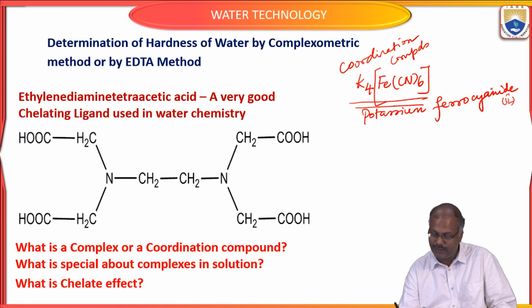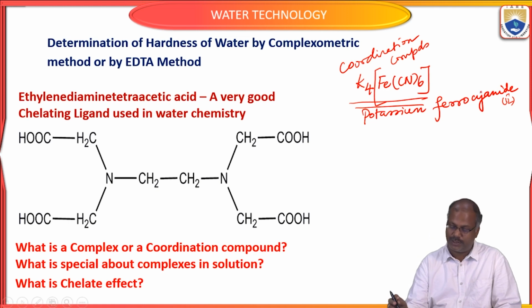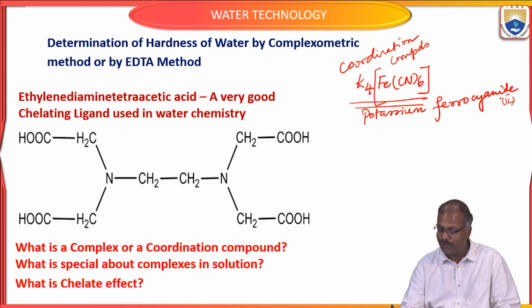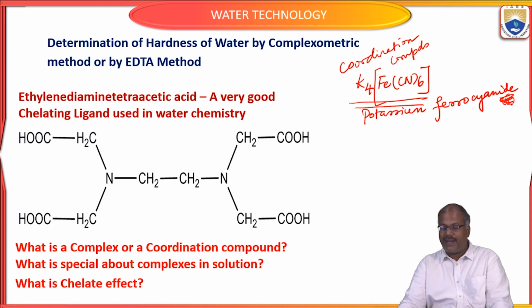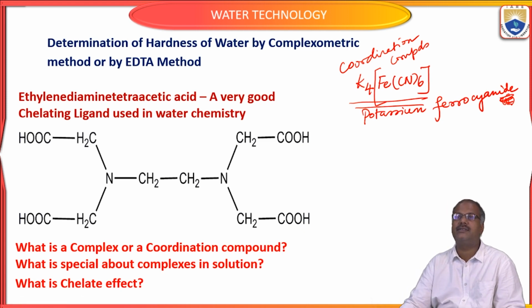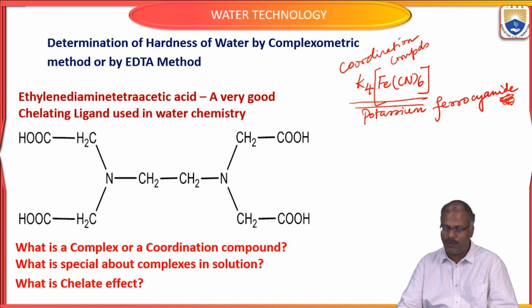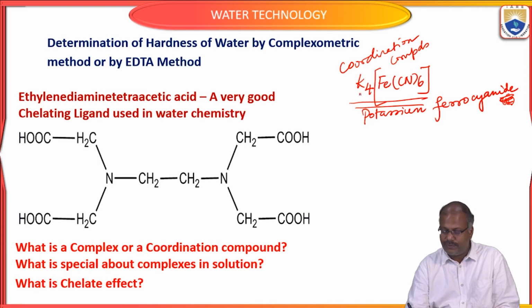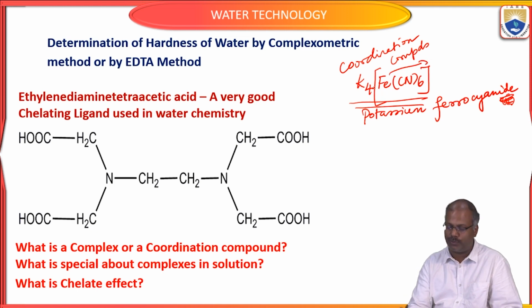It is generally called potassium ferrocyanide. The IUPAC name is potassium hexacyanoiron(II). So this is an example of a coordination compound.